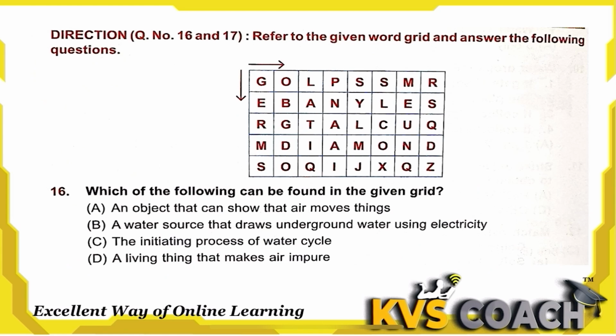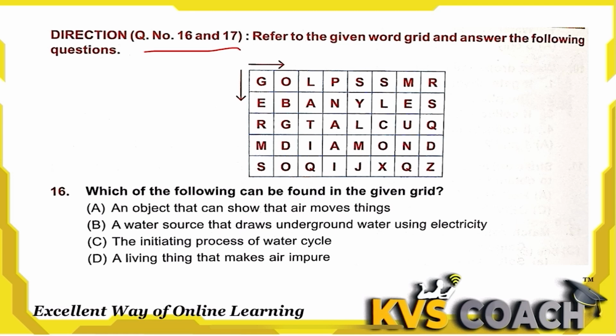Next question is for directions for questions 16 and 17. There is a grid given in the following question. Question 16 is, which of the following can be found in the given grid? An object that can show that air moves things.